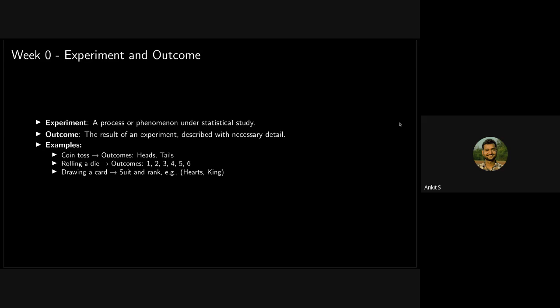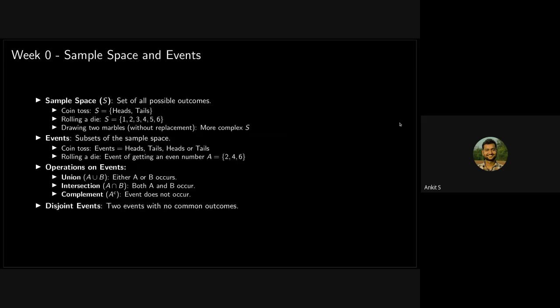Okay, so these things you are very comfortable with. Then we have concepts like sample space and events. These things just map to whatever we studied about set theory in maths, and we just apply set theory to the concepts of probability and statistics. So what are all the outcomes from an experiment that we determine with a set that is called a sample space?